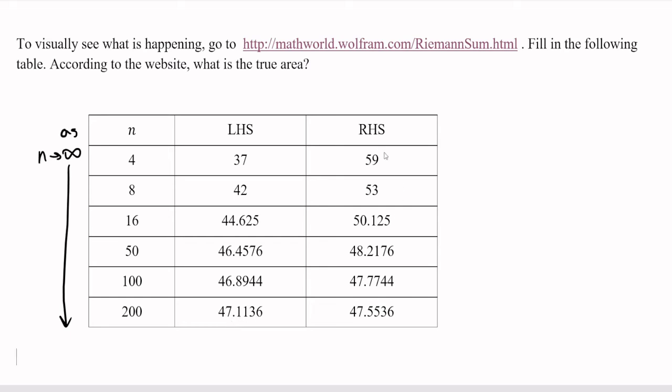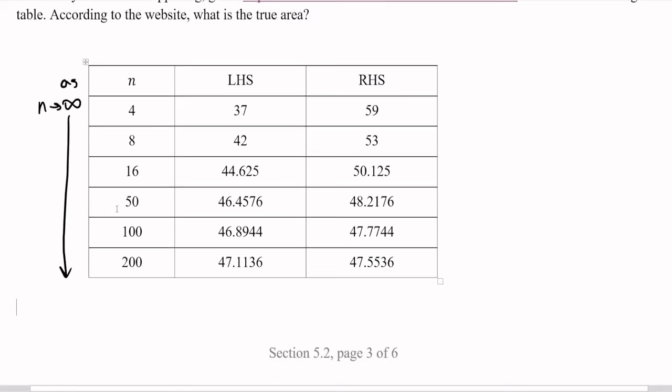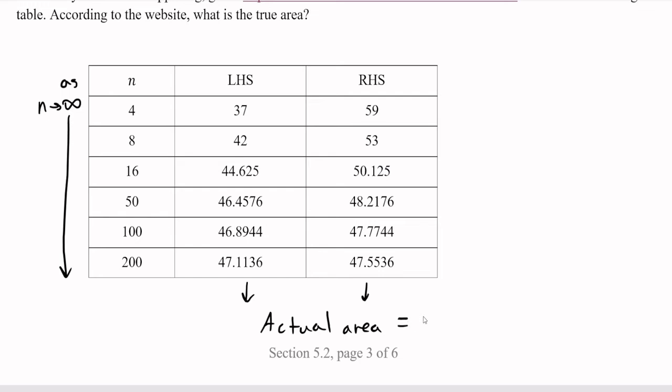This one's getting smaller because I overdid it, but it's slowing down too. As n goes to infinity, both of these columns will approach the actual area. Doesn't matter if I use left or right. They're both going to approach the actual true area, which just happens to be 47, so that actual area, 47.33 repeating.